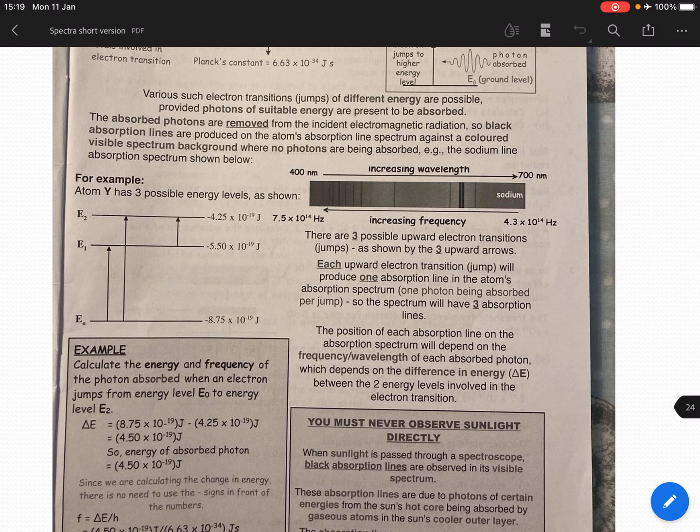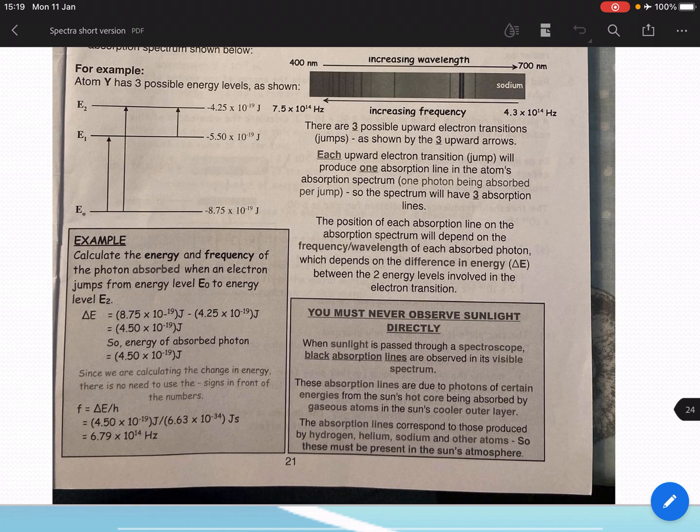That means that on an absorption spectra, you'd have all your bright colours with 3 black lines where the light is being absorbed. There's no light being emitted at those frequencies because the photons have been absorbed instead of being emitted. The example given is exactly the same as the previous one. And remember, you can forget about the negative in the calculation because it's just the difference between the 2.